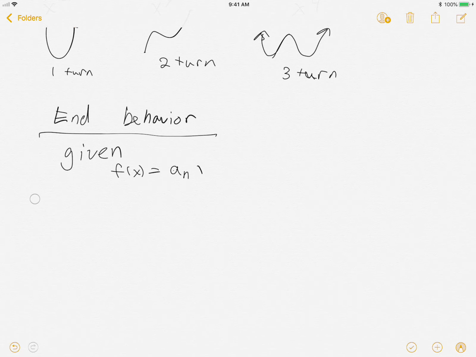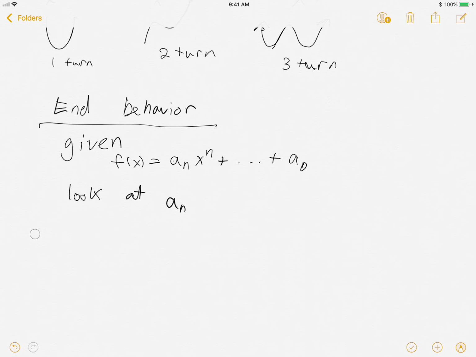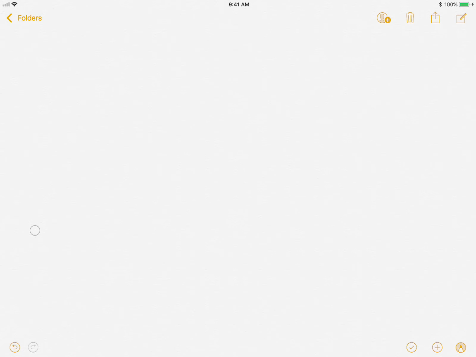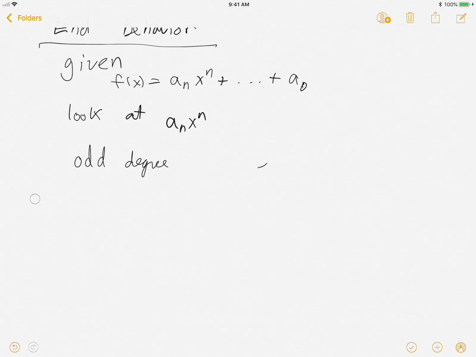We got all that other stuff. But basically, we just look at the first term. That's the only one we got to look at. From that, we can determine the degree. We have odd degree and even degree. Okay, it's freaking out on me, but we just got to finish out what we're doing.